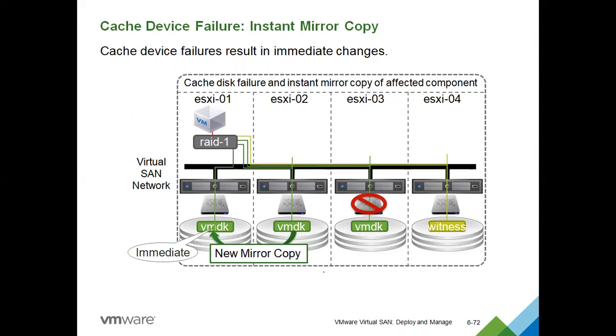Because even if the data in one disk group is not available, my second disk group's SSD is still available, and I am safe on some part, right? So the recommendation is to go with 2 or more disk groups on each and every host to avoid a single cache disk failure. If I'm using a single disk group architecture and my cache disk fails, all my capacity will be down at that time, right? So it's better to create multiple disk groups.